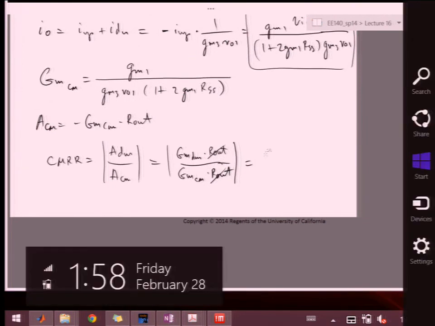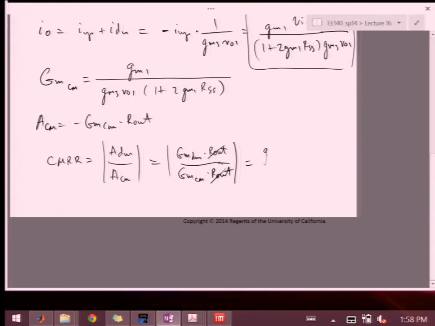And then this would, of course, be what we had previously, which was gm1 times ro2 in parallel with ro4 over gm1 over gm3 ro1, 1 plus. Sorry, we don't need this.